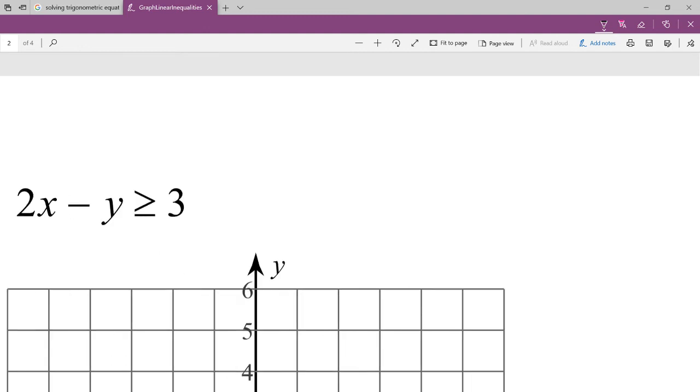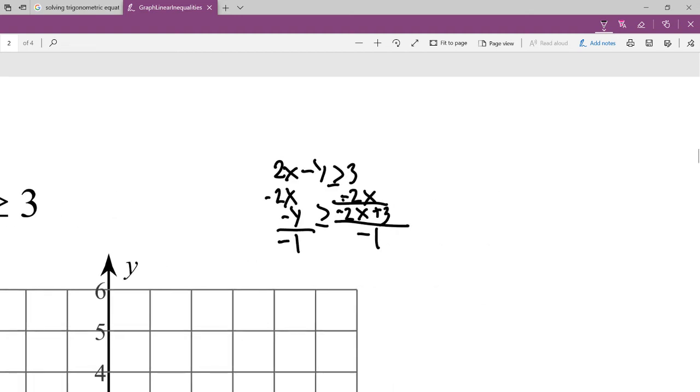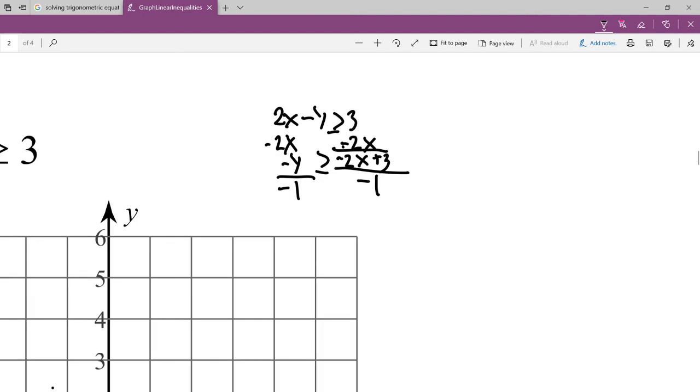So you say 2x minus y is greater than or equal to 3, and then remember that when you divide by a negative or multiply by a negative, you flip the sign. So you're going to say y is less than or equal to 2x minus 3.